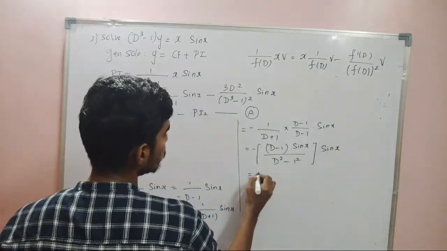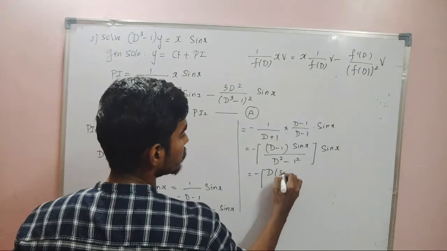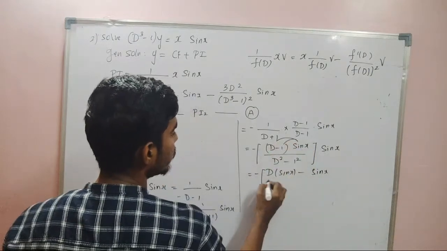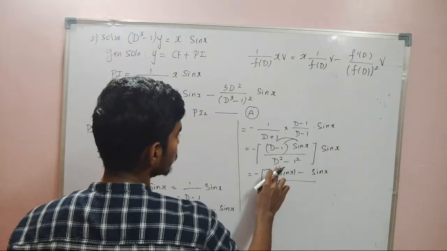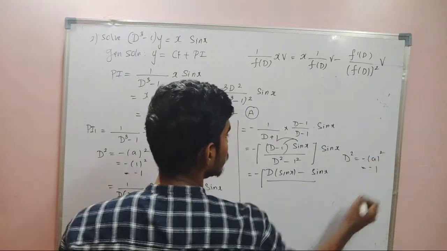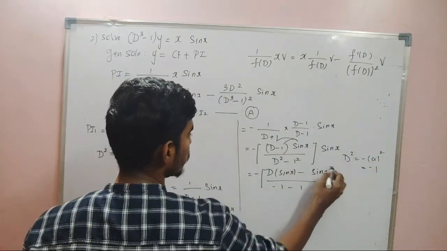Now again you replace, so this will be minus d of sin x minus sin x, right? I'm just multiplying sin x inside, divided by, so instead of d square, I'm going to replace again by minus of a square, which is minus 1, so it will be minus 1 minus 1.